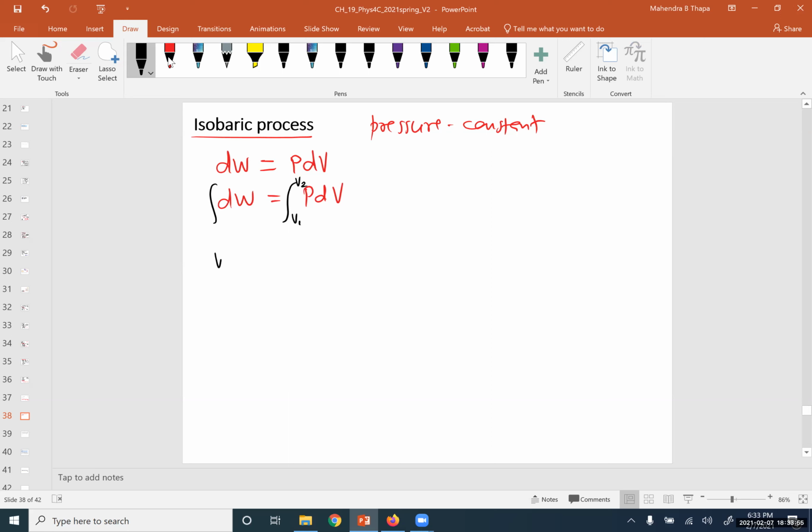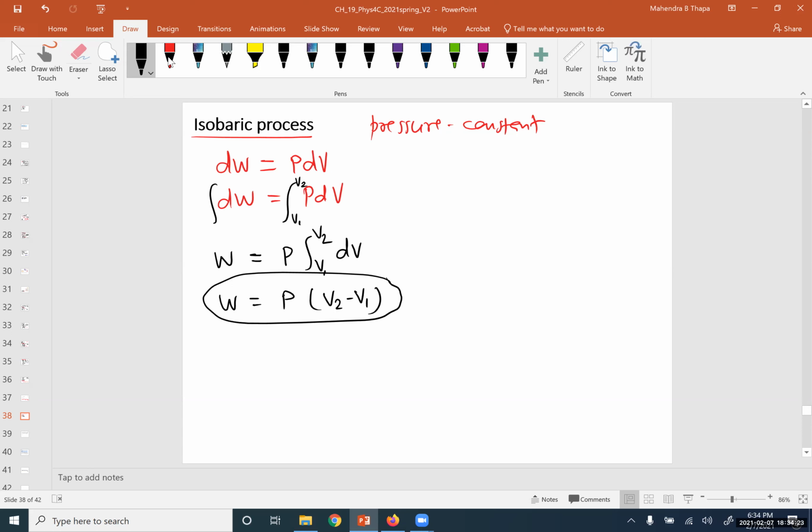So this total work done will be W. In isobaric, pressure is constant, so this P will come out of the integral sign. This is the simplest case. You will easily find work done will be equal to P, and if you integrate like this, you will get P(V2 minus V1). So for the isobaric process, work done will be just P times the change in volume.